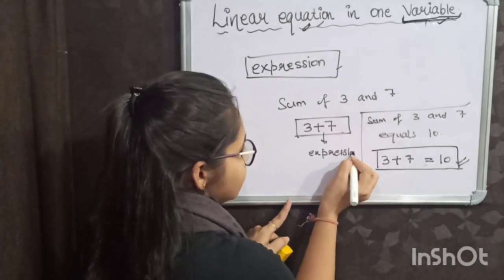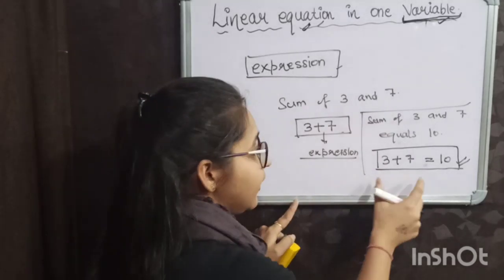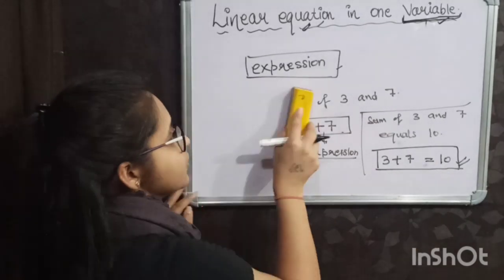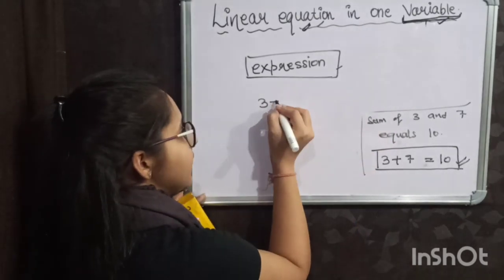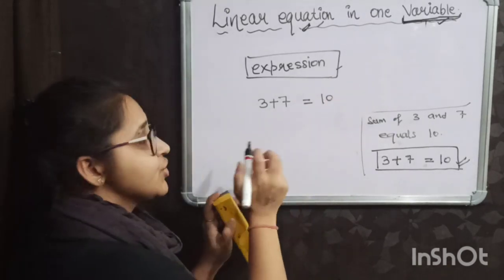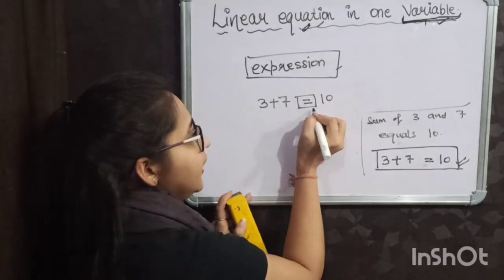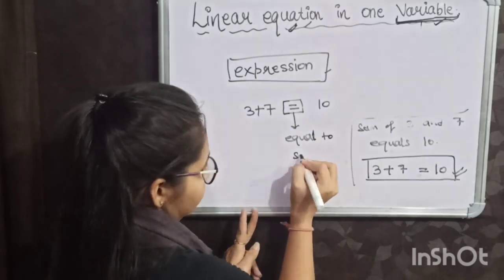Now come to other terms. There are three terms in an equation. In an equation like 3 plus 7 equals 10, this is the equal to sign.